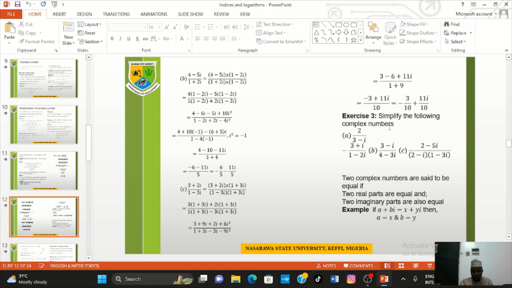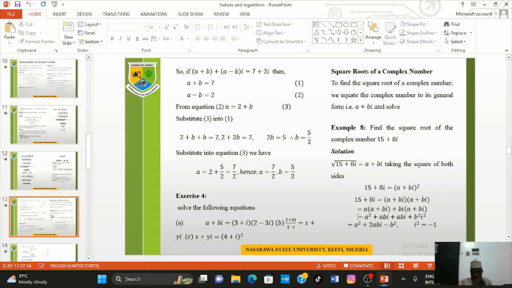Simplify the following complex numbers: (a) 2 all over 3 minus i; (b) 3 minus i all over 4 minus 3i; (c) 2 minus 5i all over open bracket 2 minus i close bracket open bracket 1 minus 3i close bracket. So you use that same ideology to continue with that.